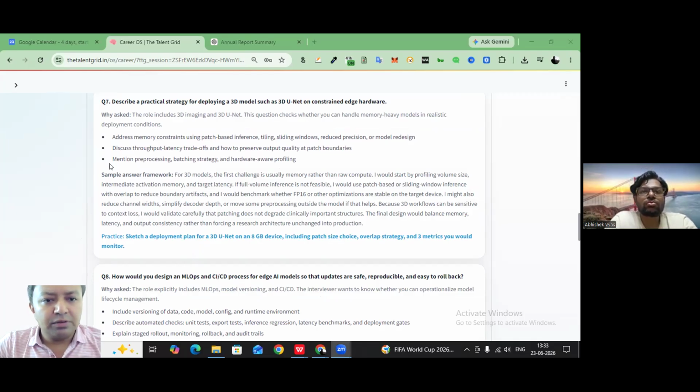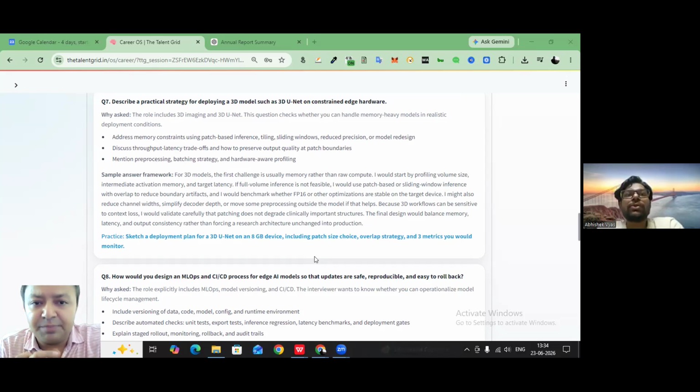Now let's get to the next question. Can you address memory constraints with patch-based inference, tiling and sliding windows in a little more details? And can you also touch these points again on reduced precision and model redesign?